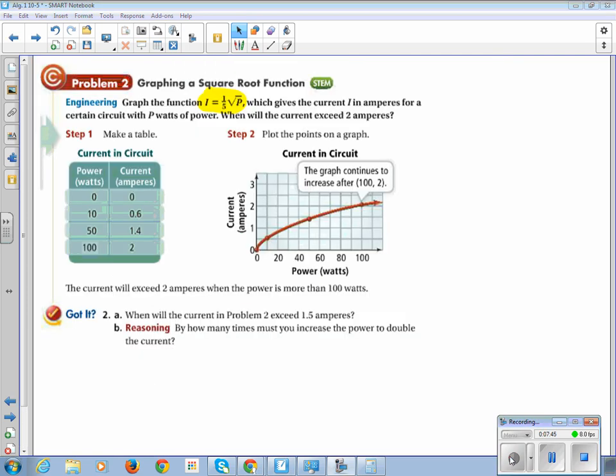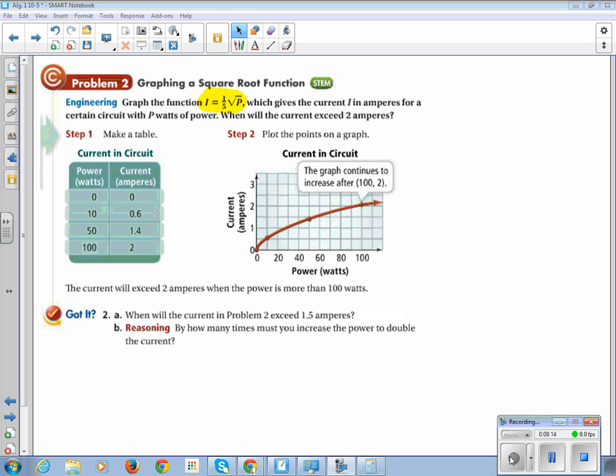All right, I wanted to show you this problem so we can see how to use graphing in a real-world manner. On your paper, I want you to write this highlighted equation. Graph the function I equals 1/5 square root of p, which gives the current I in amperes for a certain circuit with p watts of power. When will the current exceed 2 amperes?